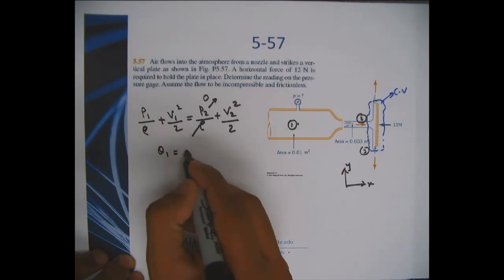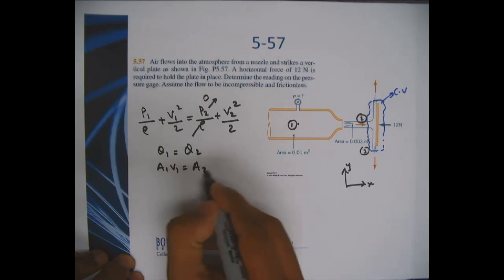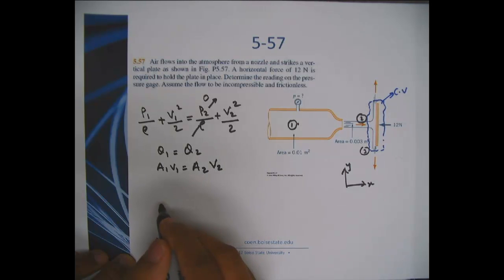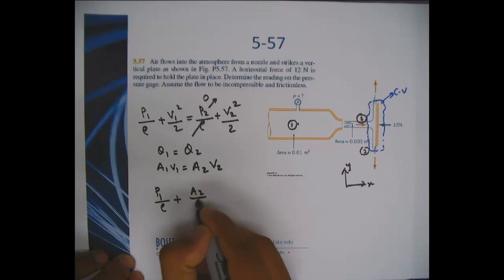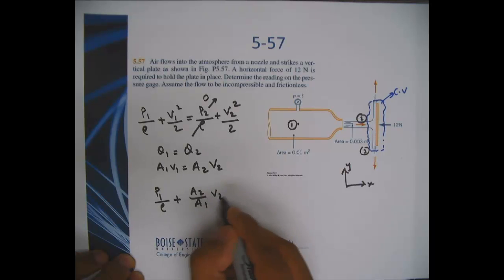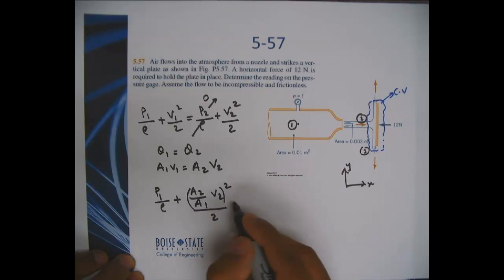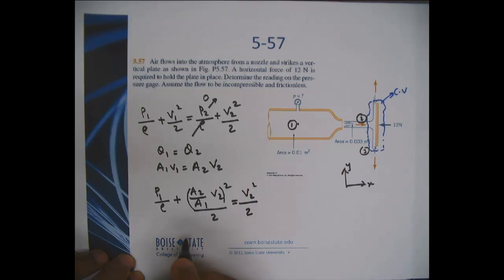So Q1 based on your conservation of mass, or A1 V1 equals A2 V2. Okay, so you can substitute this guy in here, so I would end up with P1 over rho plus A2 over A1, okay, V2 squared divided by 2, okay, equals V2 square over 2.